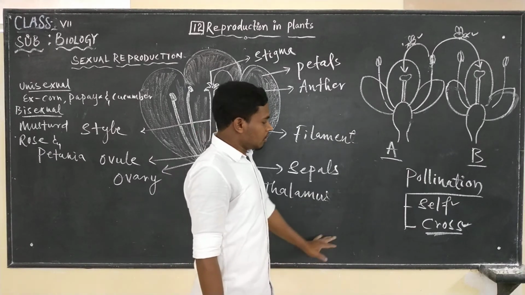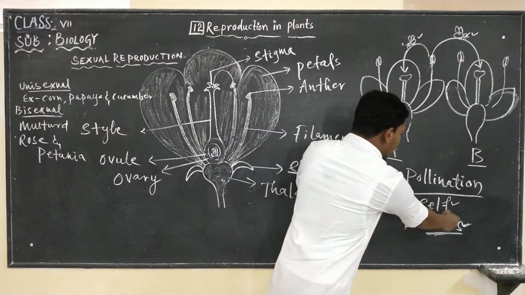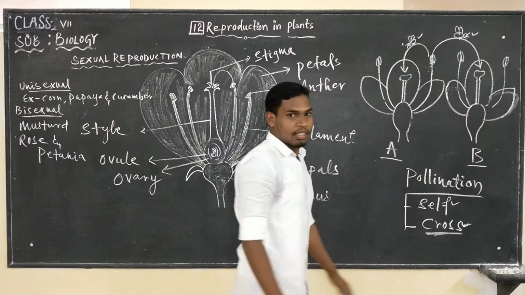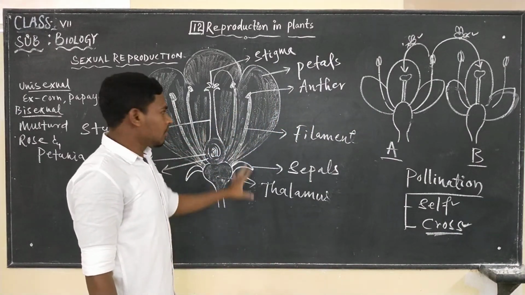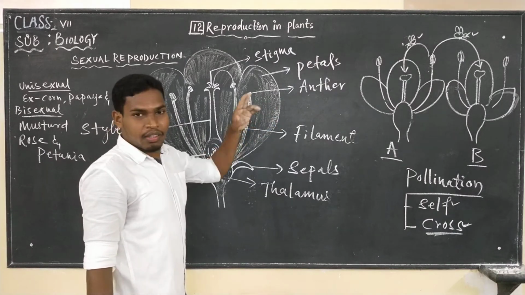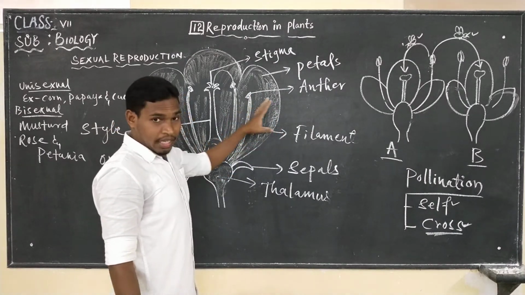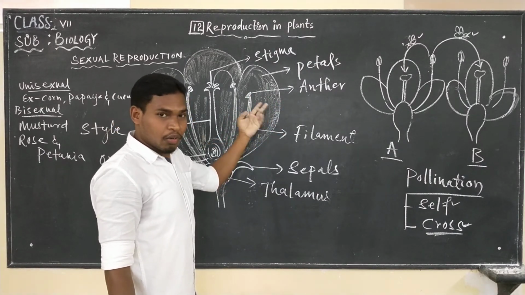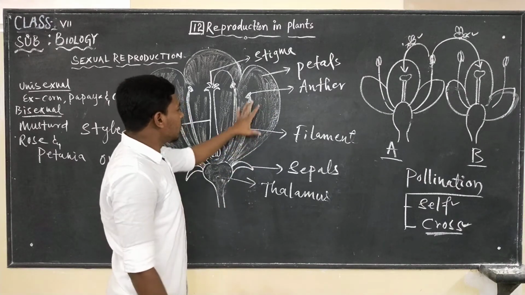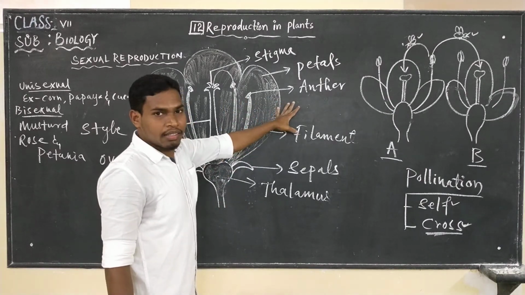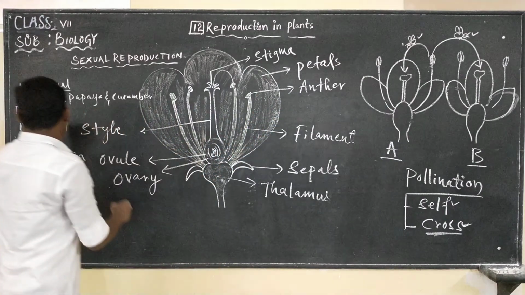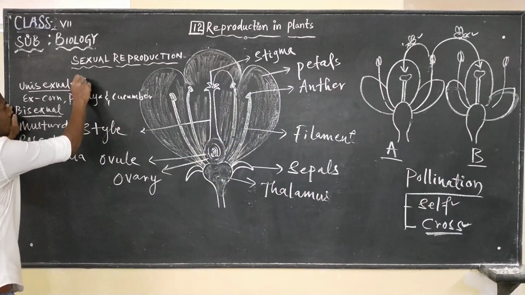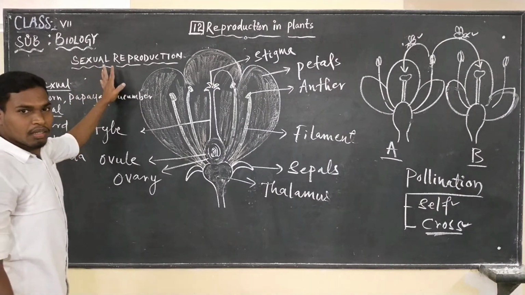So we saw self-pollination and cross-pollination. One more interesting point is that some flowers contain either only the male part or only the female part. We call them unisexual flowers. Examples are corn, papaya and cucumber.